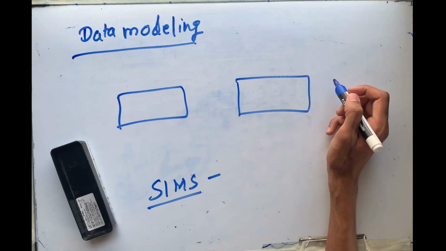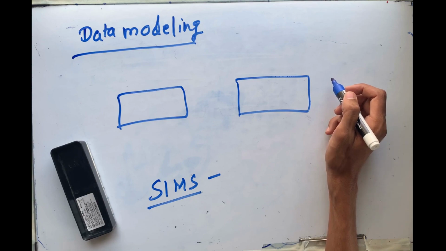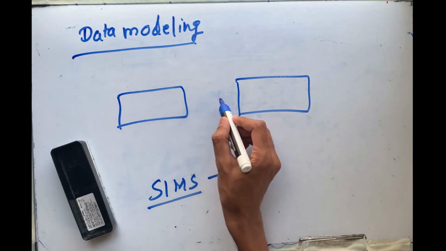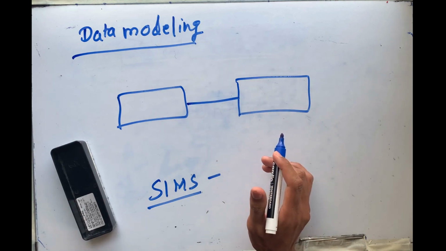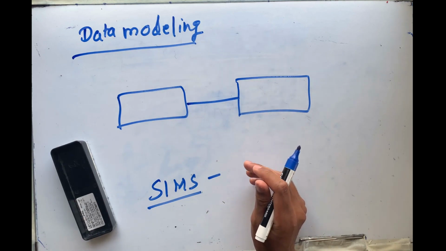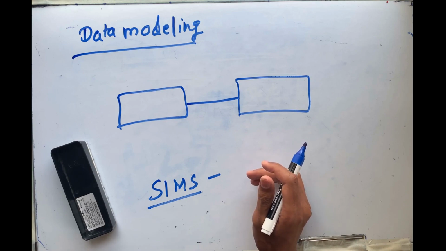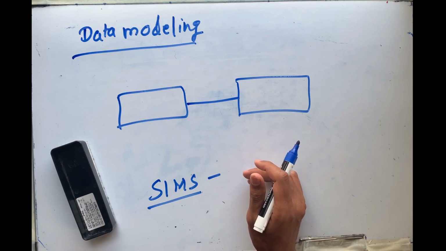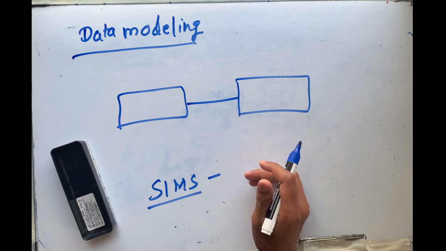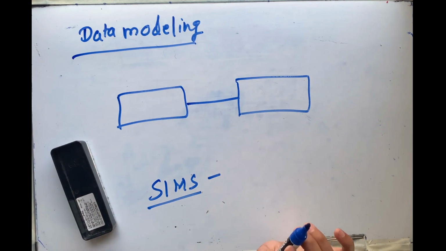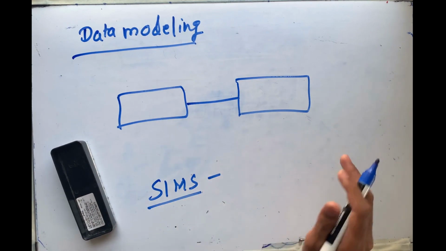And data modeling, as per the definition, is to understand the structure, form and relationship between the different entities. It helps us take decisions about what data is necessary, how to collect it, and how to structure it. That is nothing but data modeling.